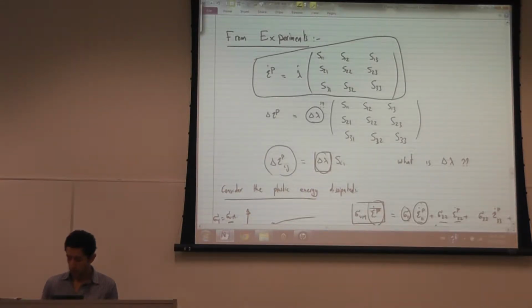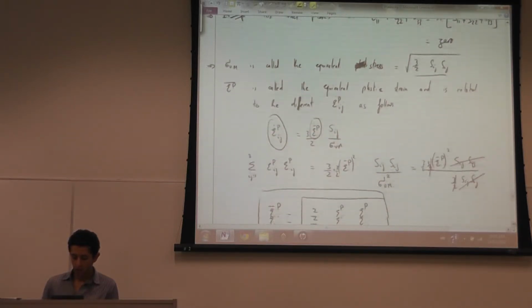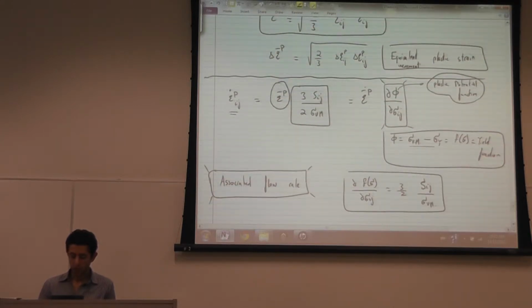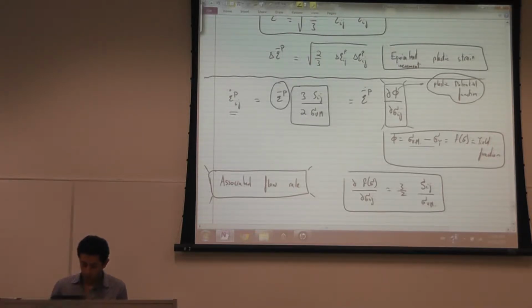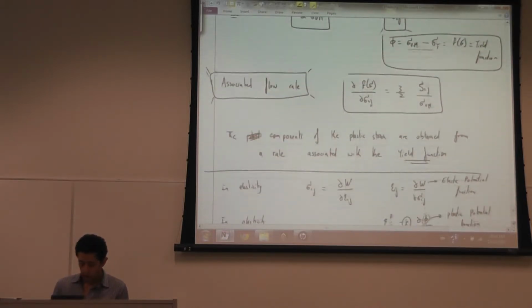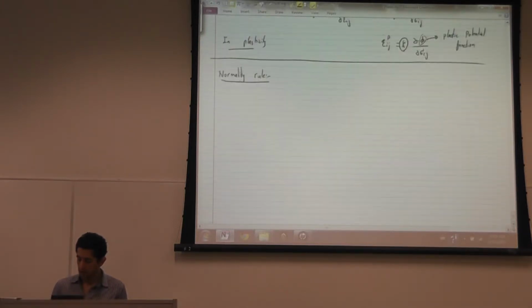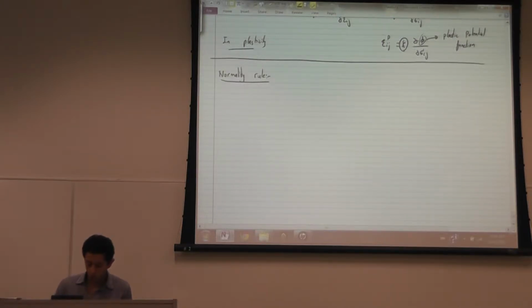And from this, we realized that this is equivalent to saying that the plastic strain components are obtained from a plastic potential function, and this plastic potential function is the yield function. And this is called the associated flow rule.